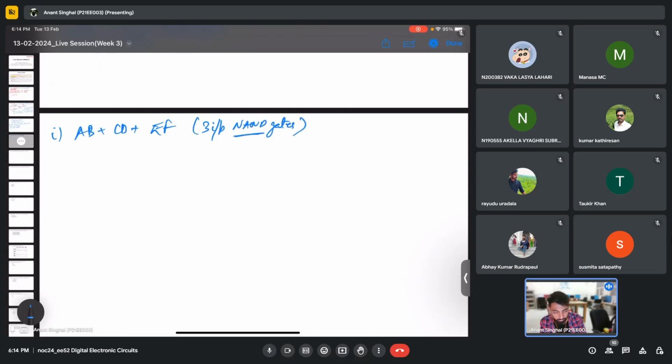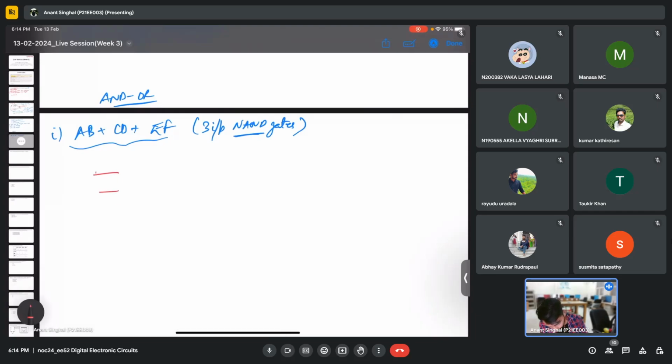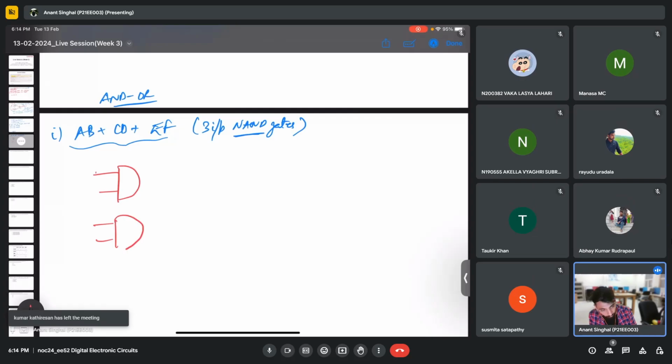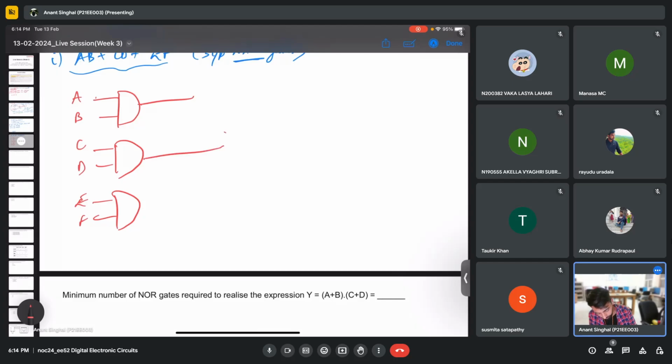Since we have to make it with NAND gates, first I'll focus on making the AND-OR implementation, because that is an easier implementation, and it is already in SOP form, so we can proceed by making the circuit directly. So let's say I have AB, CD, and EF. And since I can use 2 and 3 input gates also, I'm making this as something like that.